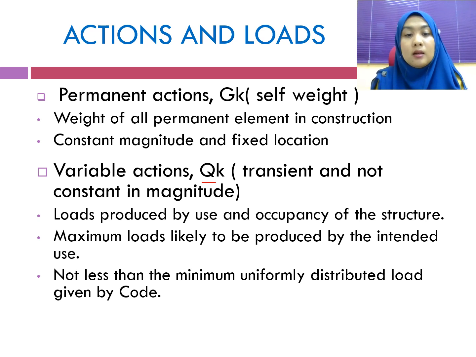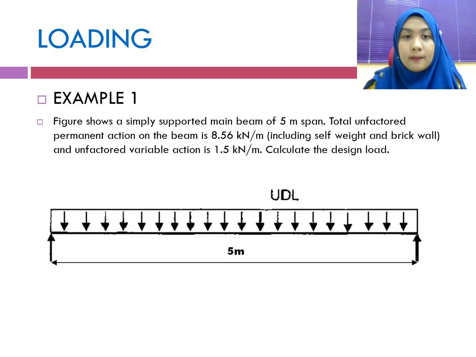All these areas have different variable action, depending on the intended use. For this you need to refer to Eurocode 1, Actions on Structures. Okay, so the value should not be less than the minimum given by the code, Eurocode 1. You need to provide your own justification on how much the variable action on the structure is.